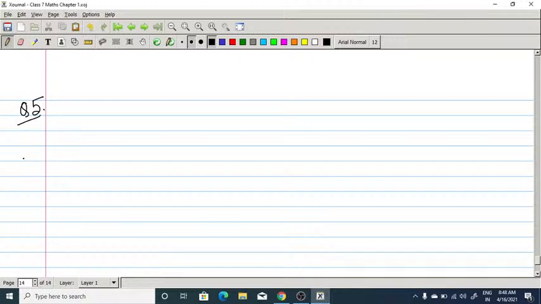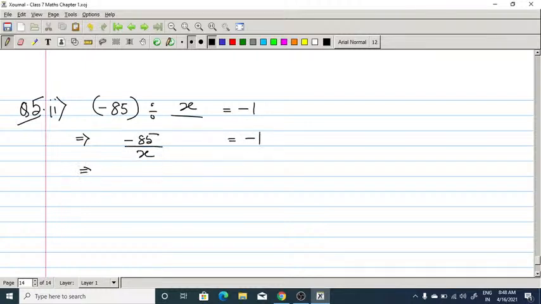This is simple fill in the blanks. I will do question number 5, subpart 2. Minus 85 divided by dash is equal to minus 1. Simply we are going to put an x over here. So we have to find out x. If I want to find out the value of x, then x has to be on top.